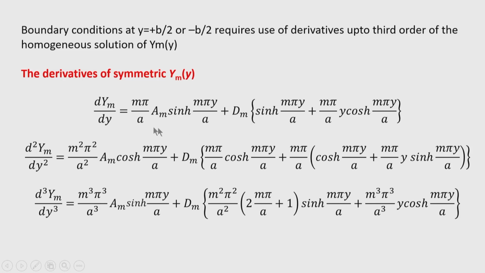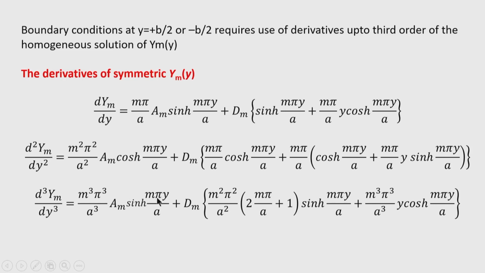Then when we differentiate for the second derivative, that is the even derivative, you can see the even terms are appearing. So, cos hyperbolic m pi y by a is an even term, and here this is also even, and this is odd, and this is also odd. The product of two odd functions is again an even function. So, with even derivatives, the even terms are associated. Then when we go to a higher derivative, say the third derivative, interestingly the odd terms appear.